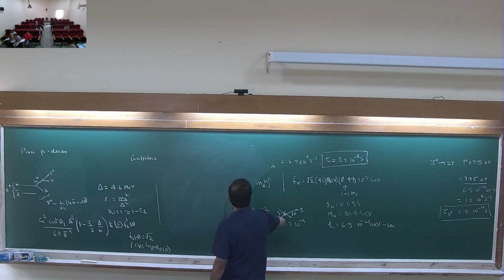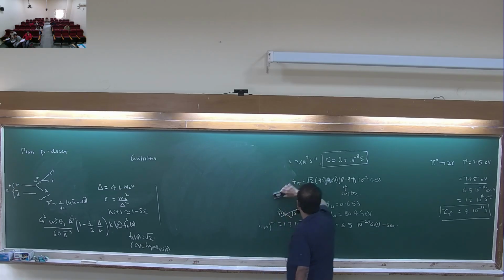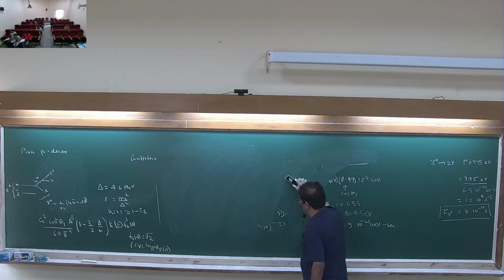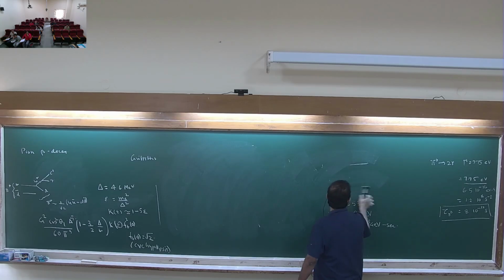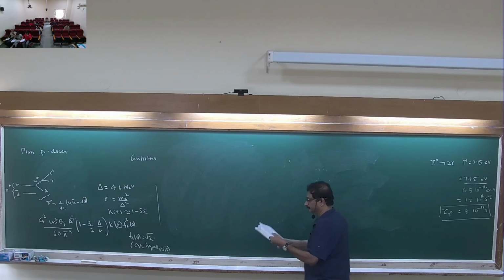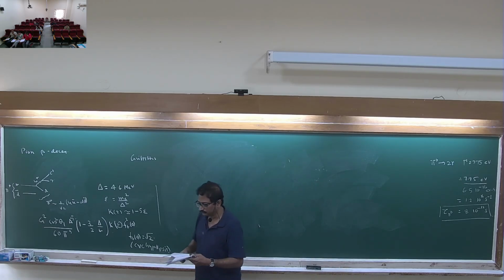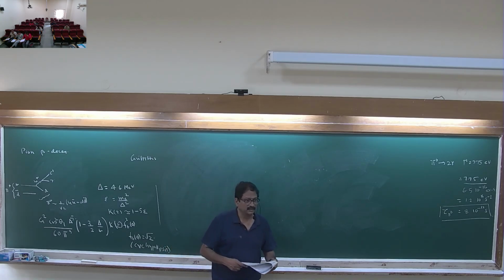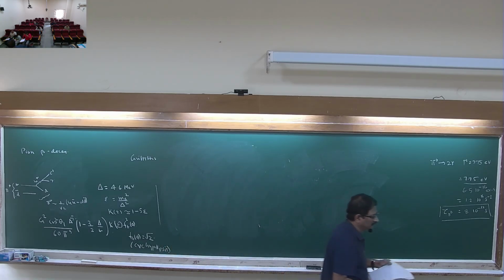Okay, so now please calculate the width due to this, and let's get the branching ratio, and let us try to compare it with what we have. Yeah, let's put in the numbers and see what we can get.